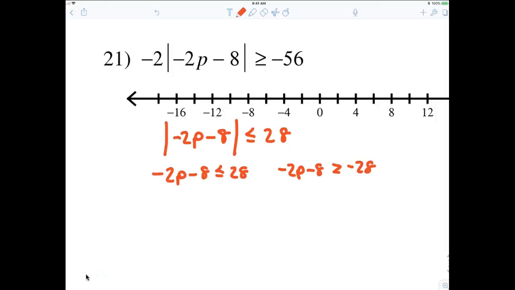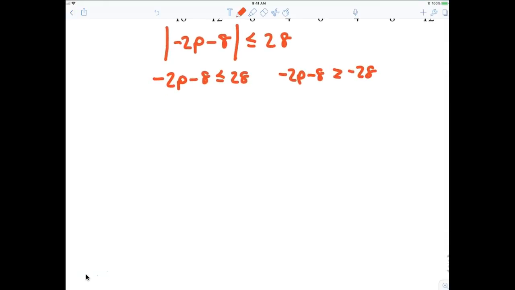Now, solving. Negative 2p is less than or equal to, so p is, oh, and it's change the sign. Greater than or equal to negative 18. Everybody happy with that? Then negative 2p is greater than or equal to, so p is less than or equal to 10.